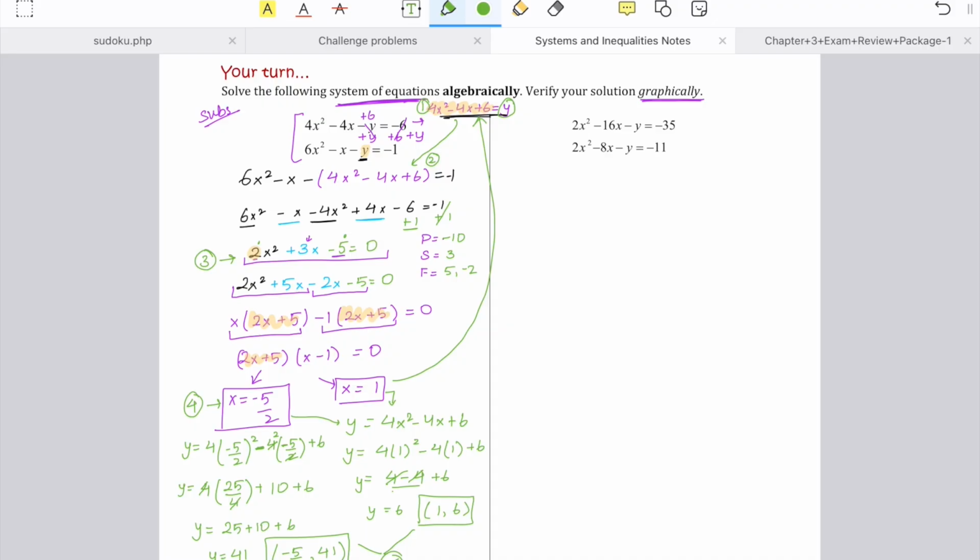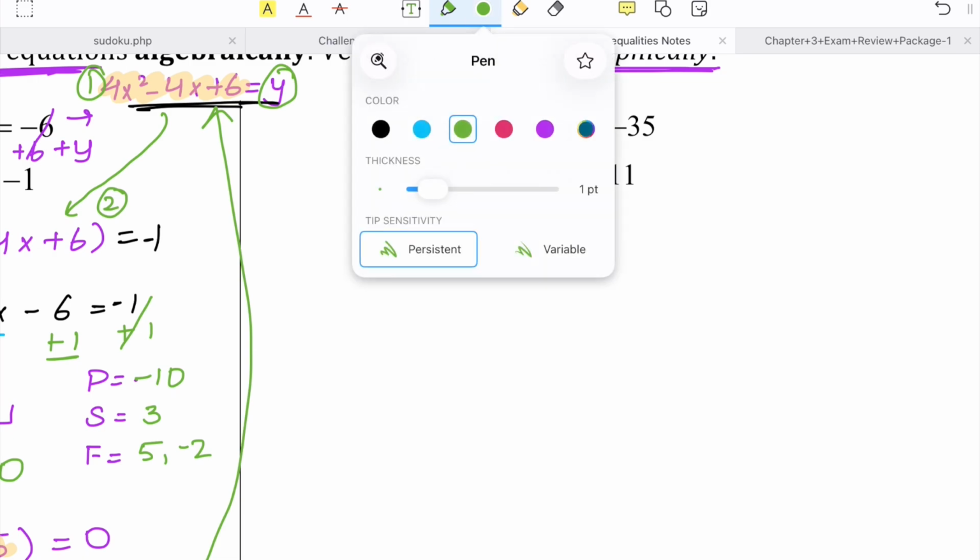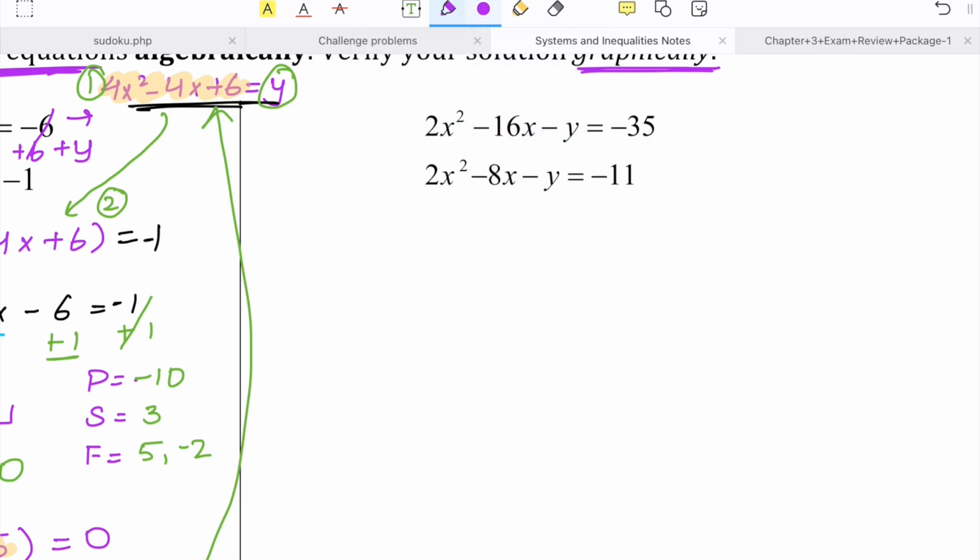Okay, now we'll do this question using elimination. In elimination, you always want to eliminate your y. When you have the same signs for y, you will subtract it. If you have different signs for y, you'll add it. So when I'm subtracting it, the second equation will just have opposite signs. So 2x squared minus 2x squared is 0.